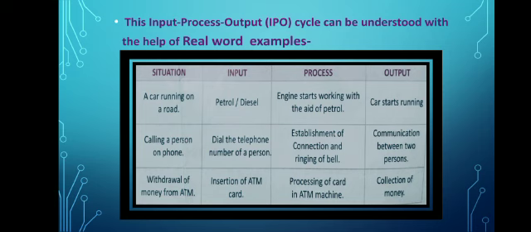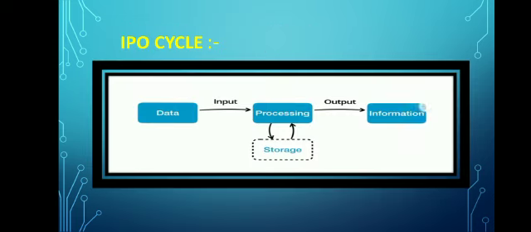The input is insertion of the ATM card in the ATM machine. The process is processing of the ATM card in the machine, and the output will be collection of money. So with the help of these examples, we can easily understand the IPO cycle.